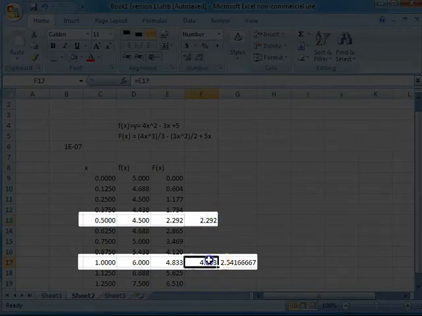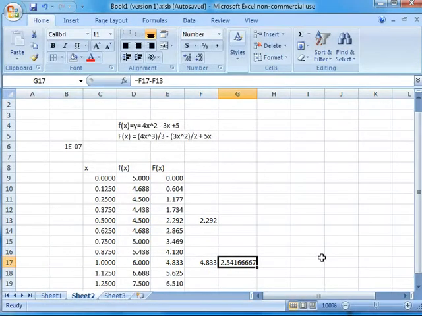I have extracted these two values here for clarity, and the difference between these two is 2.5416. But this would be the traditional approach with calculus.